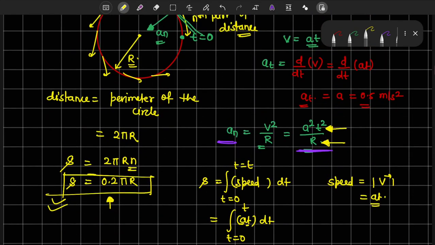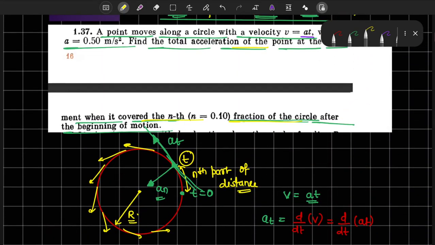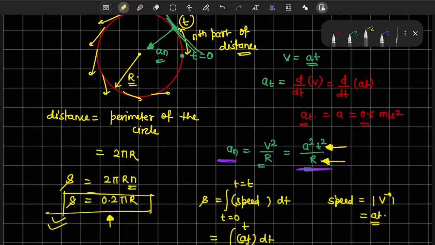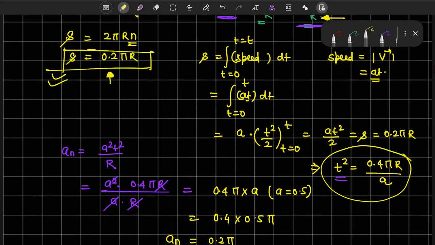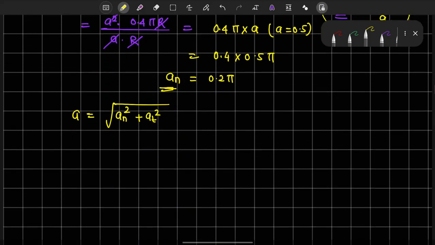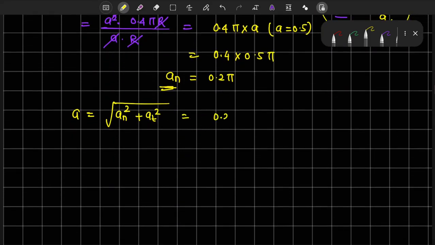Now we have to find the total acceleration of the point. So we can write net acceleration is equal to under root of an square plus at square, because both an and at are mutually perpendicular to each other. So we can write under root of (0.2 pi) whole square plus (0.5) whole square.